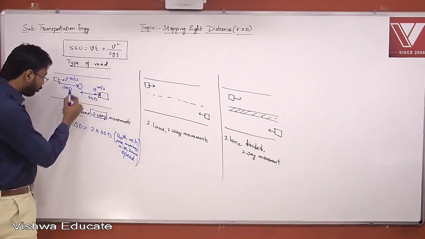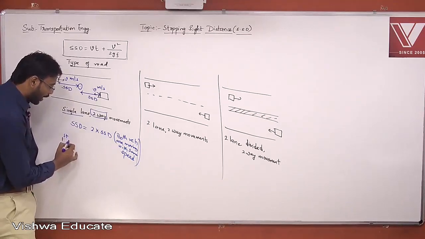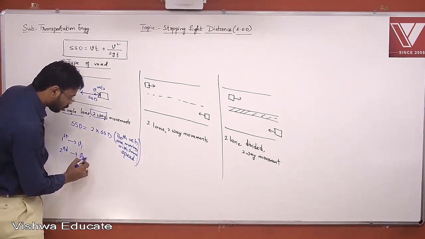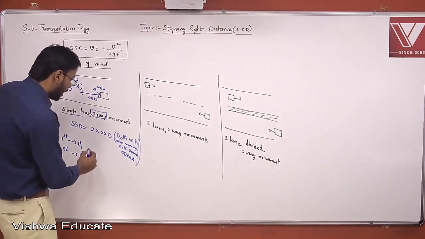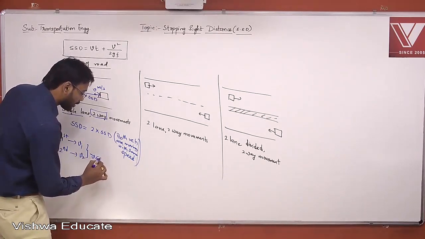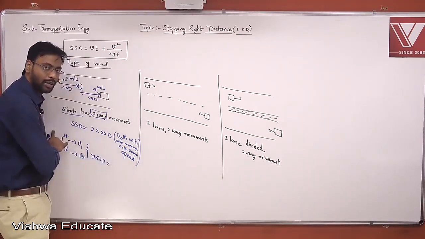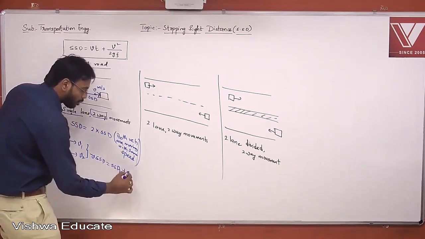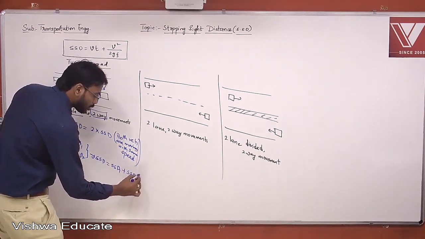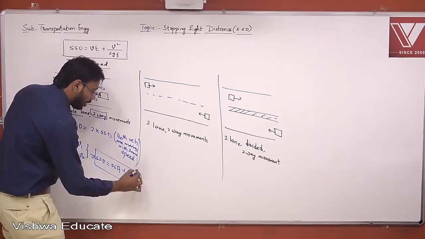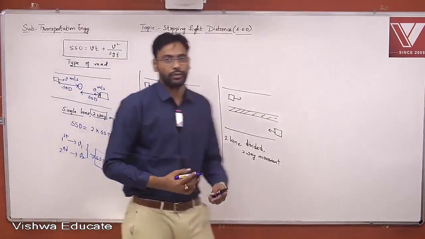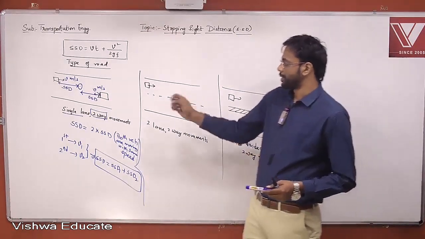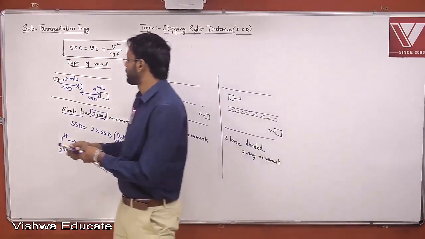Now, if the first vehicle is traveling with the speed of V1 and the second vehicle with the speed of say V2, then SSD is equal to SSD 1 for the first vehicle to stop, plus SSD 2 for the second vehicle to stop, if the speeds of the vehicles are different, right? So that's the first case here.